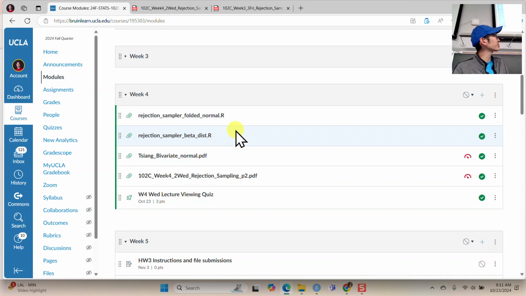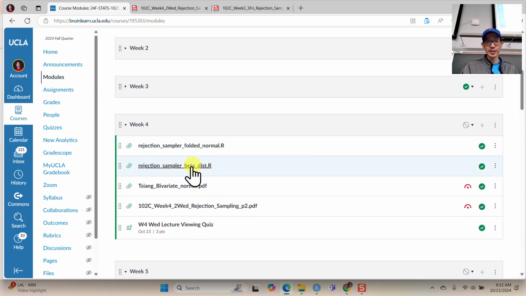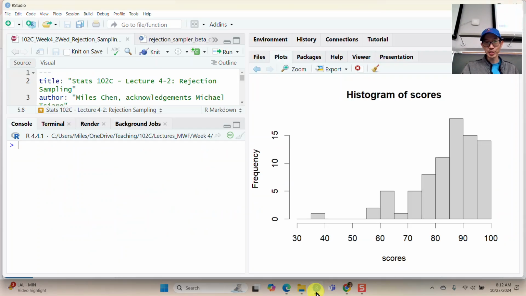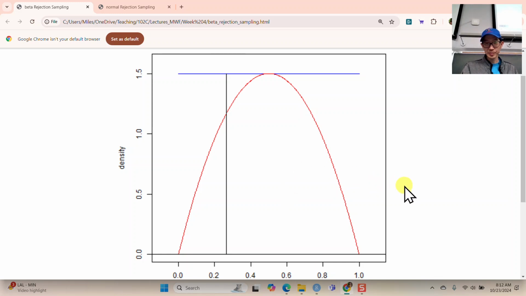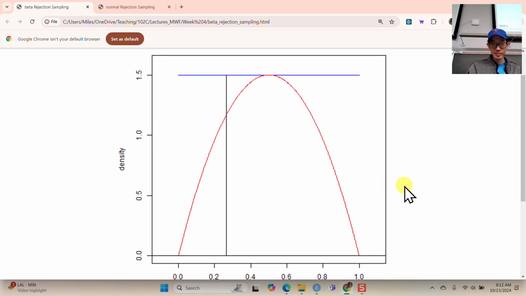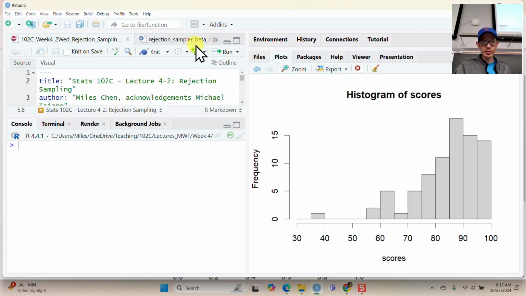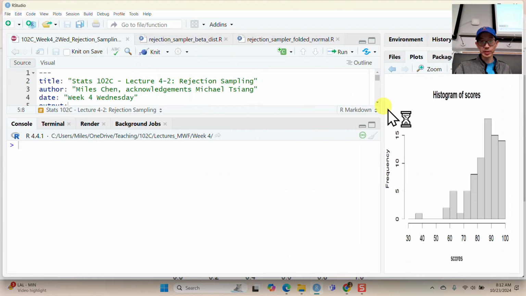These rejection sampler, folded normal, and rejection sampler, beta distribution R scripts will load up a package, animation, and work here. Actually, I think it might be worth just running through the code here.